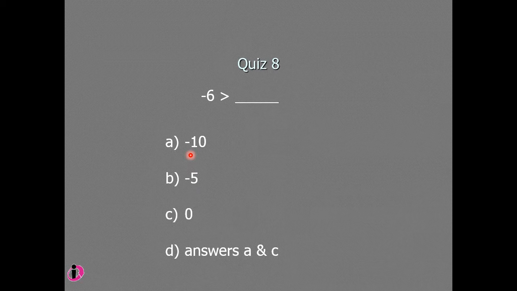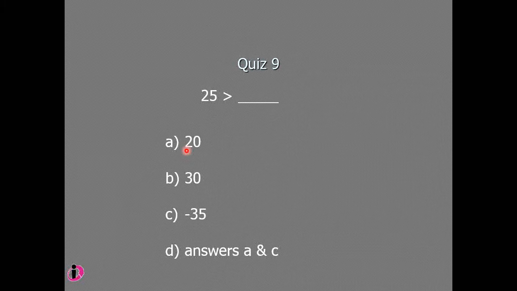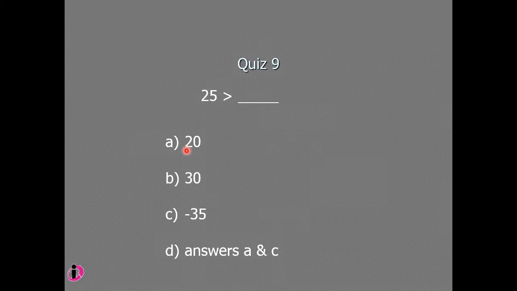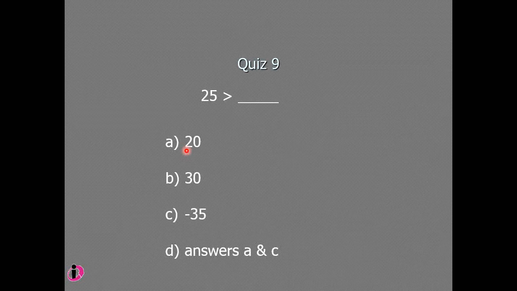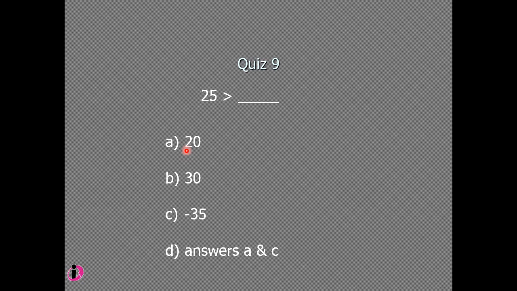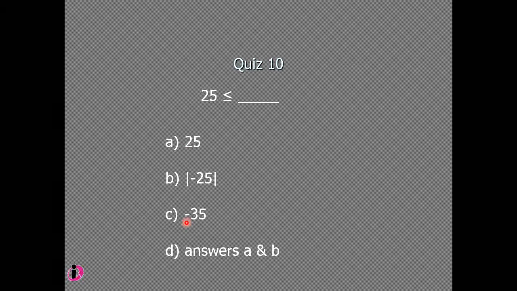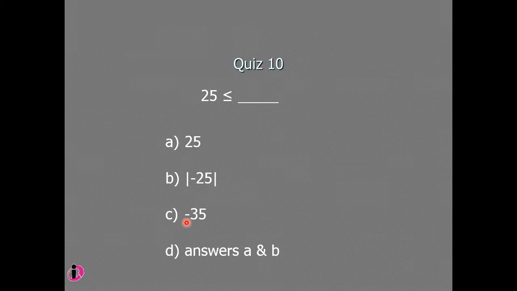So negative 6 is greater than negative 10 only. The right answer is A. 25 is greater than, right answer is D, right? 25 is greater than 20, and at the same time 25 is greater than negative 35, right? 25 is less than or equal.